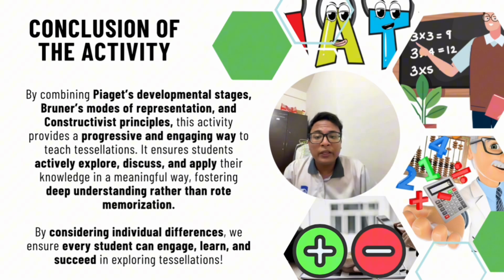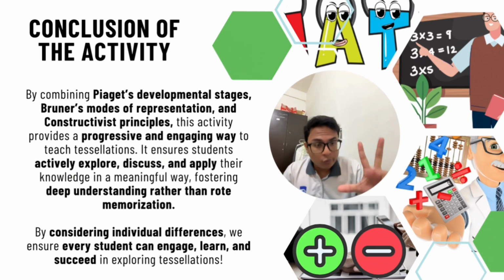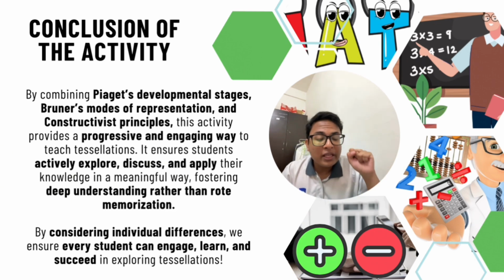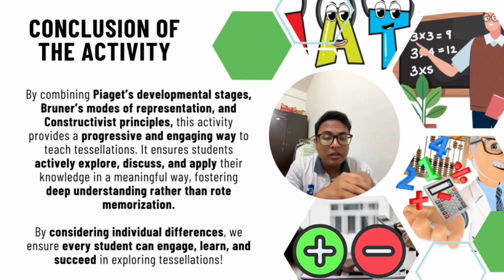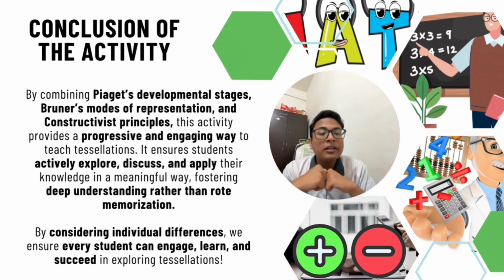By considering individual differences, we ensure every student can engage, learn, and succeed in exploring tessellation. So, these three learning theories, Bruner's, Piaget's, and constructivism, help teachers make students understand their particular subject better, like in this example, tessellation.